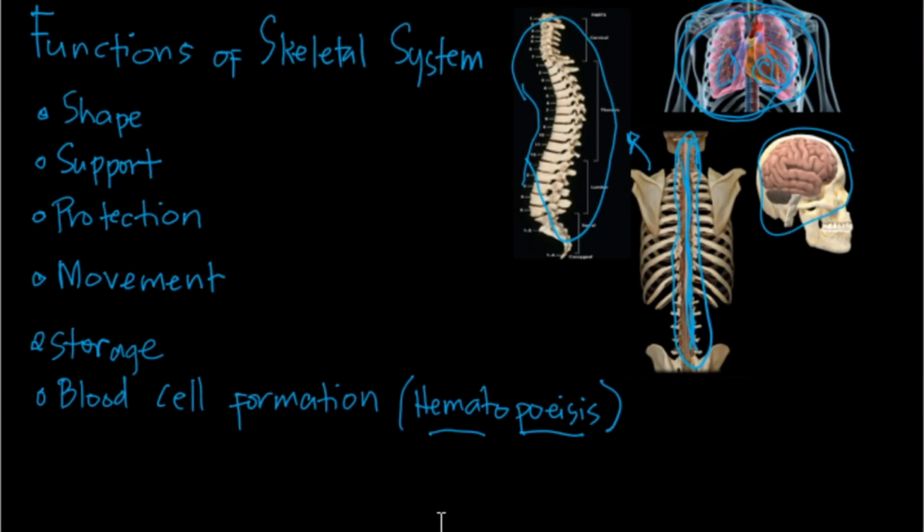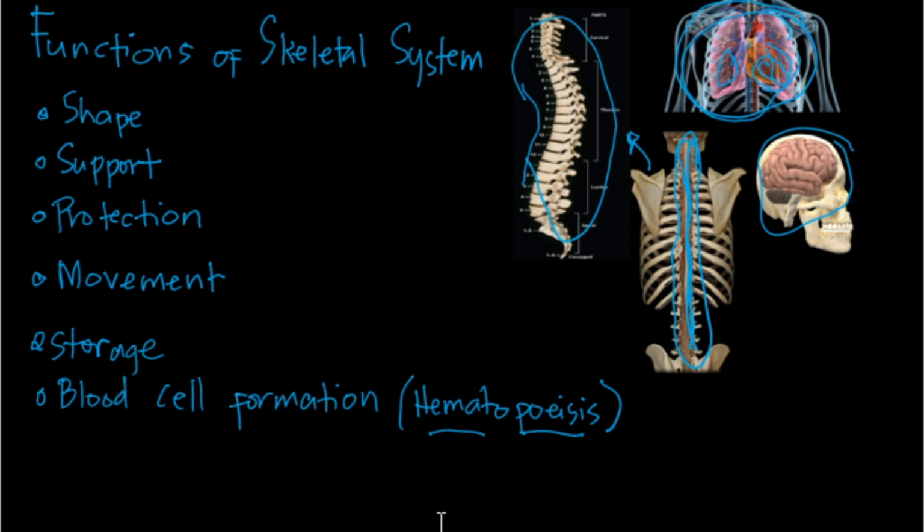As I mentioned earlier, there are two types of bone marrow: the yellow bone marrow and the red bone marrow. The site of hematopoiesis, or blood cell formation, is the red bone marrow, because inside the red bone marrow we have the hematopoietic stem cells that give rise to the three types of blood cells.